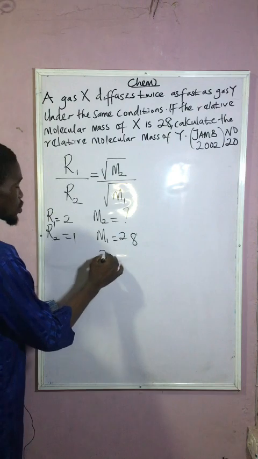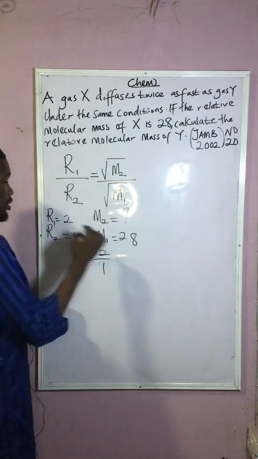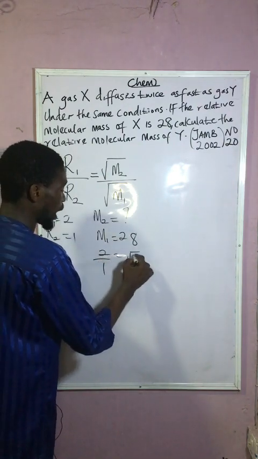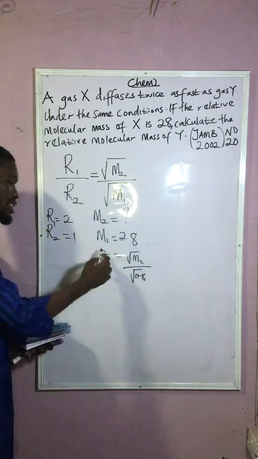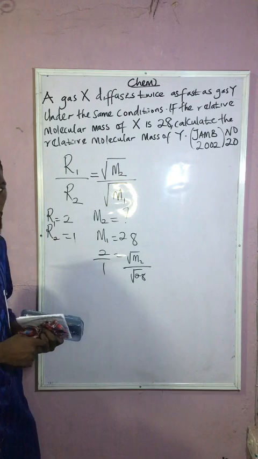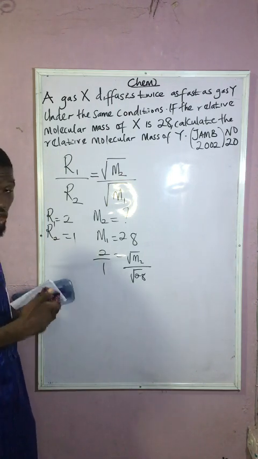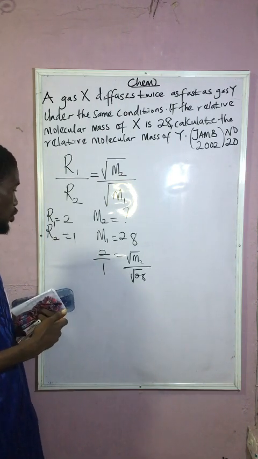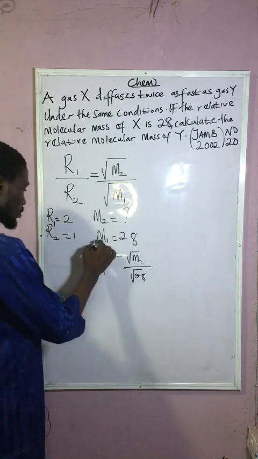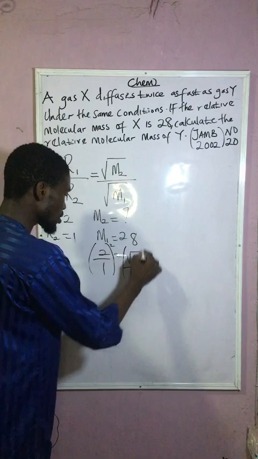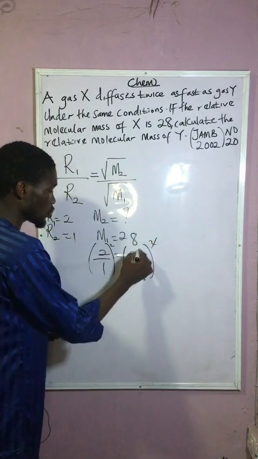So you can say we have 2 over 1 equal to the square root of M2 over the square root of 28. 28 is not a perfect square. I repeat, 28 is not a perfect square. So squaring both sides, this will cancel this.